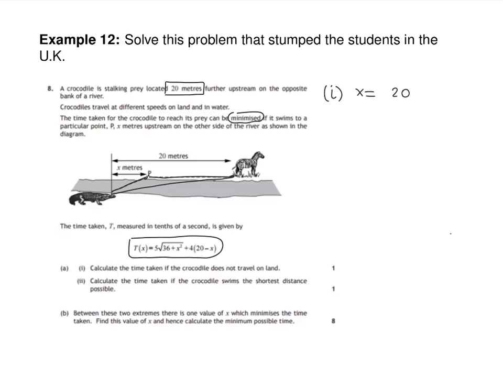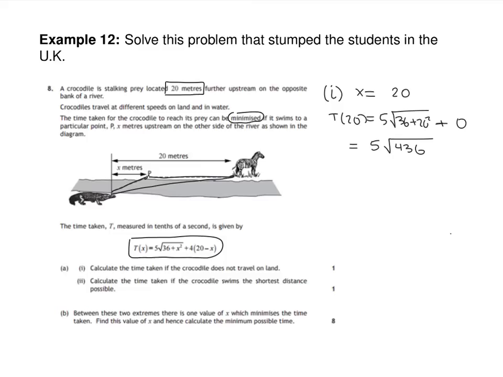So x has to be 20. So t of 20 is going to be 5 root 36 plus 20 squared, plus that last term is going to be 0, right? You buy that? So that's 5 root 436, whatever that is.